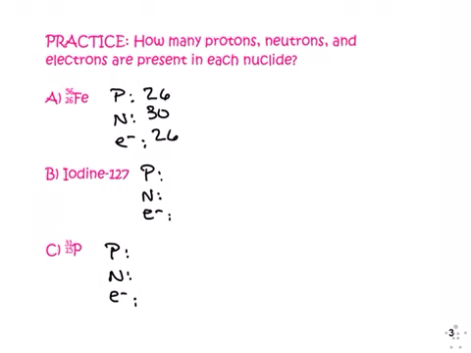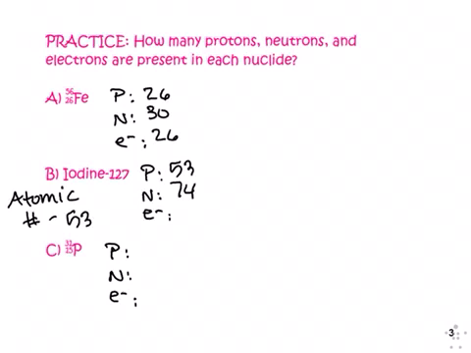Iodine, how many protons? This one you have to look up on the periodic table because we are not given the atomic number. What is the atomic number? 53, good. So how many protons will iodine have? 53. How many neutrons? 74.